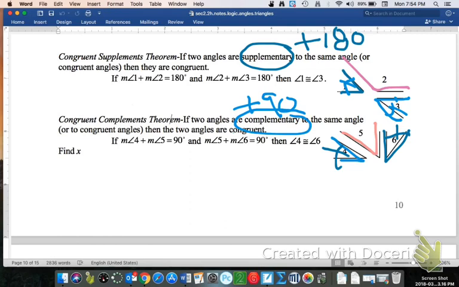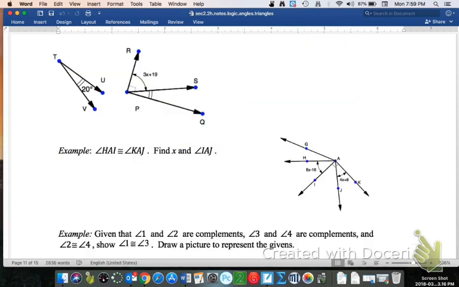So let's take a look at how we can use this. If we look at this one, notice you've got R, I'm missing a letter there. Oh, RPQ is a 90 degree angle. I kind of just drew over the 90 degree angle.